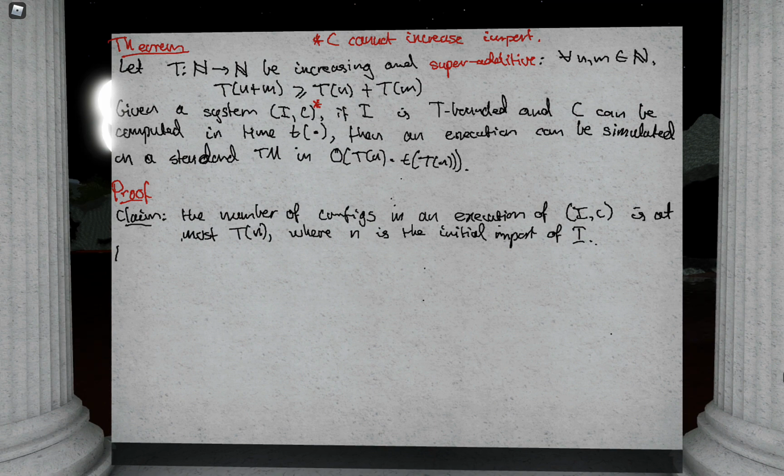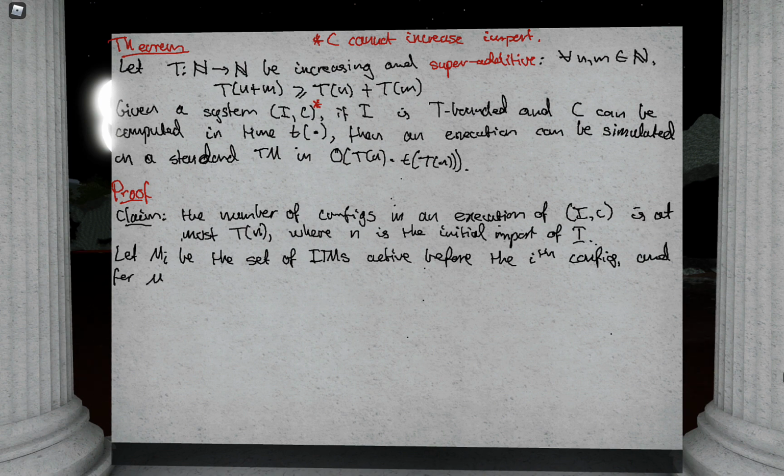So, to prove this, I'm going to call M_i the set of ITMs that were active at any time before the ith configuration, and given a mu in M_i, we'll call its budget immediately before that configuration n mu i.